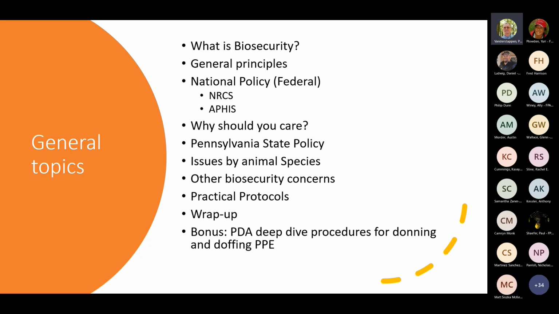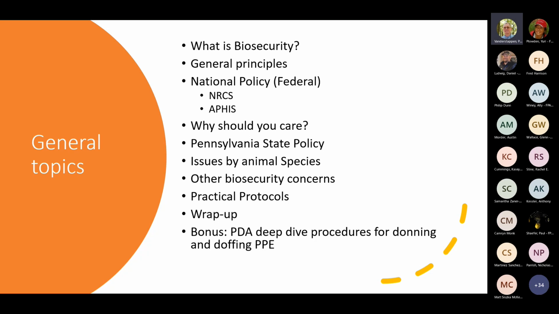We're going to look at the national policy, federal policy, where it comes from through NRCS but also APHIS, and burrow into why you should care about biosecurity as an individual. Then Pennsylvania state policy related to NRCS and some other agencies.